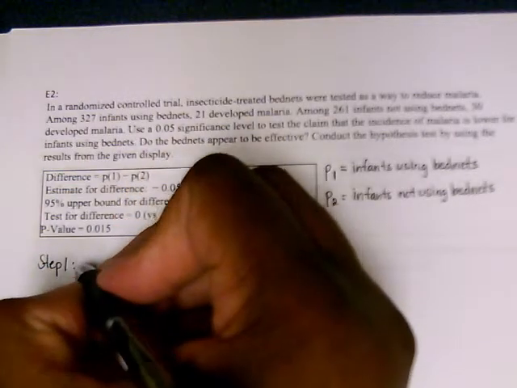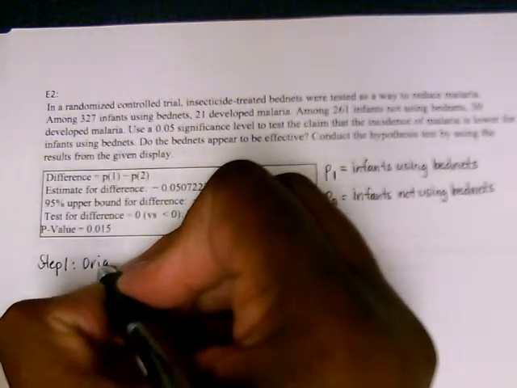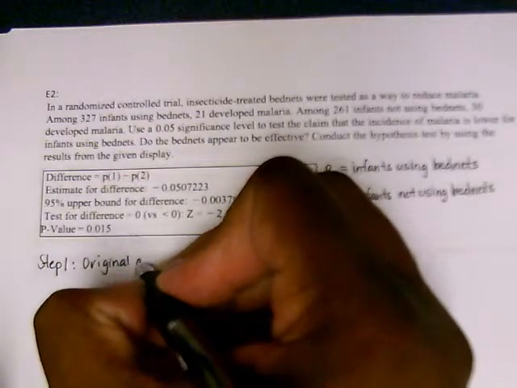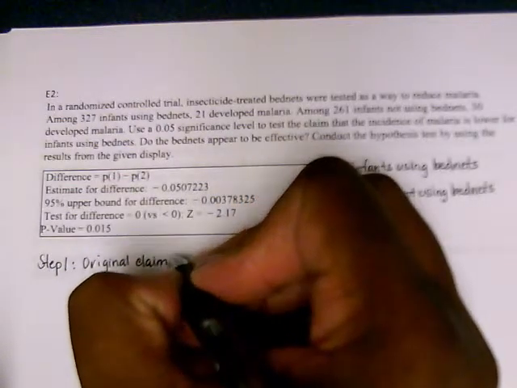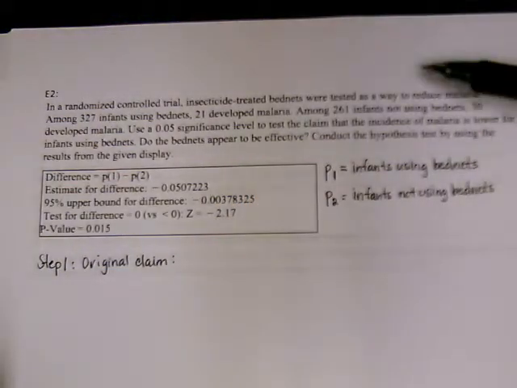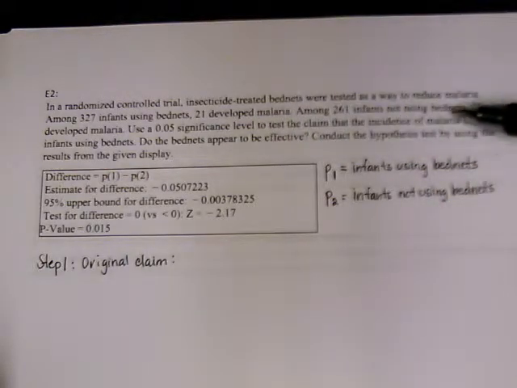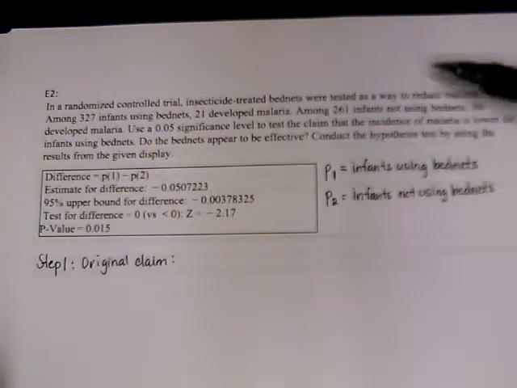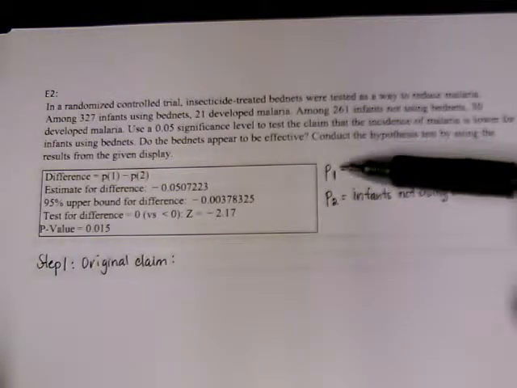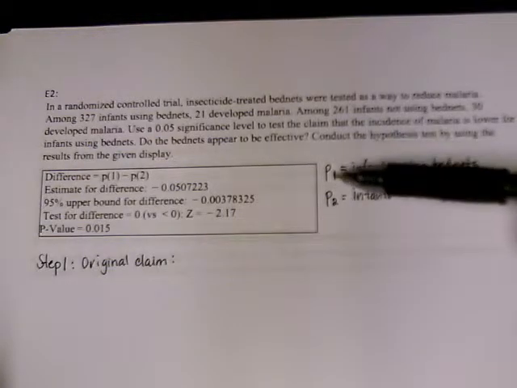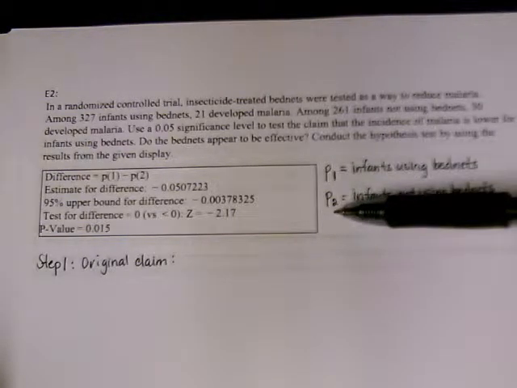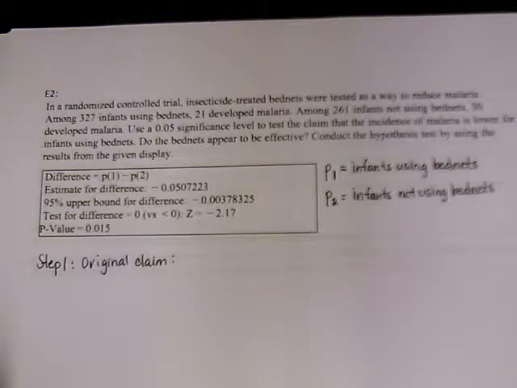Alright, step number 1 is the original claim, written in symbolic form. In this case, we're trying to find out that the incidence of malaria is lower for infants using bed nets. So that means the proportion of infants using bed nets must be lower than the proportion of those infants not using bed nets.